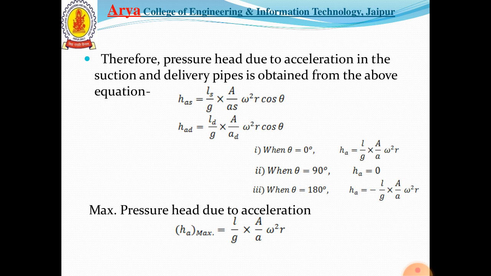When theta is 0, h_as equals L upon g into A upon a omega square r. When theta equals 90, the head becomes 0, and when theta equals 180, the head becomes negative, that is minus L upon g into A upon a omega square r. Thus the maximum pressure head due to the acceleration is equal to L upon g into A upon a into omega square r.